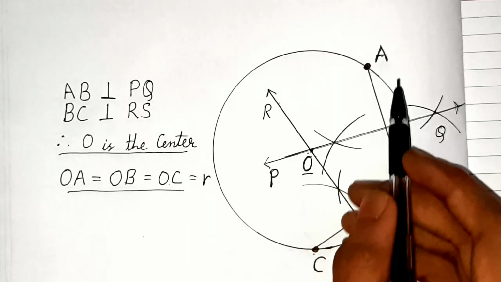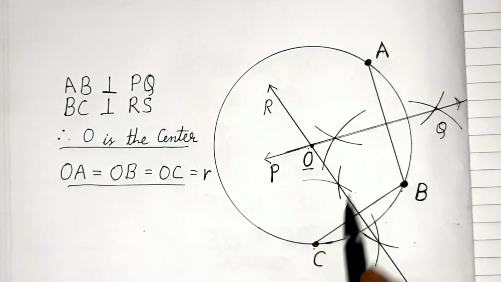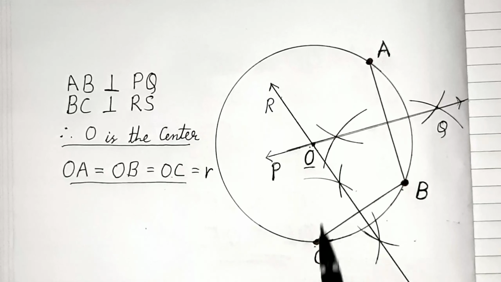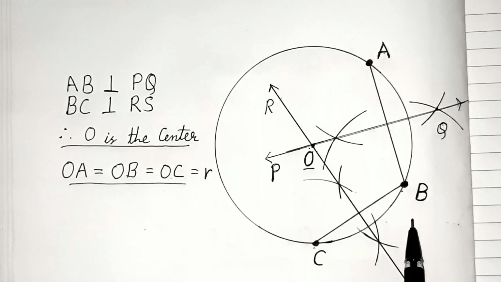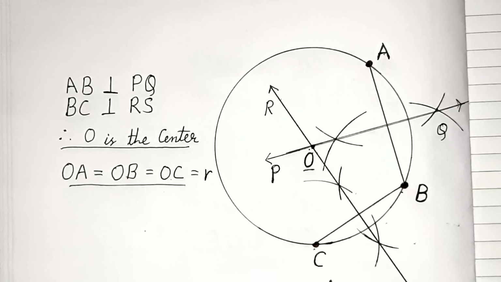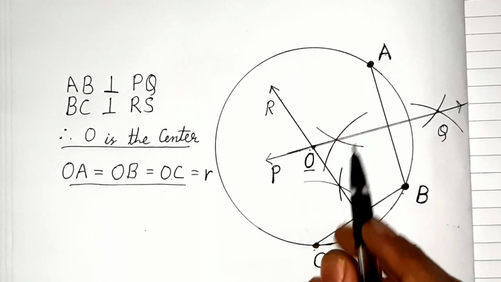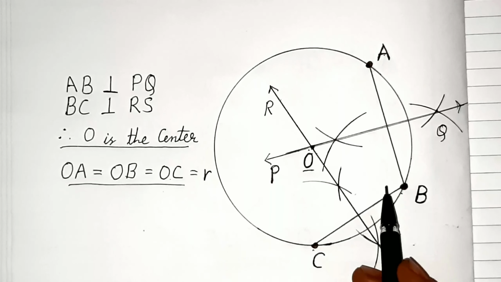Now we can try to draw another circle that passes through all the 3 points A, B, C. But for that we'll take an imaginary center, that is Z. Now Z should be the point where lines PQ and RS intersect.